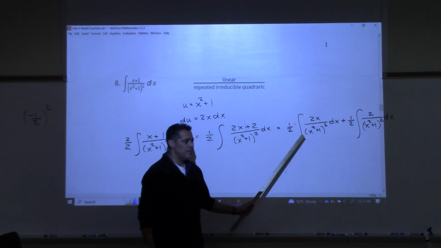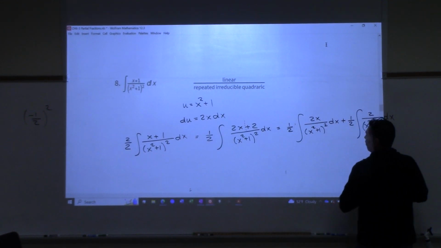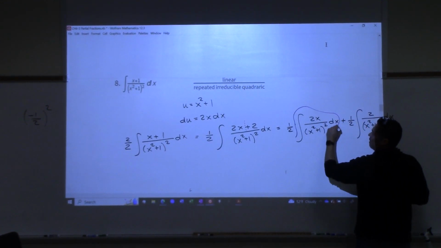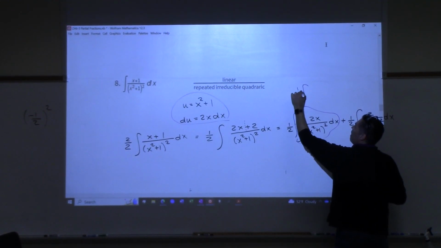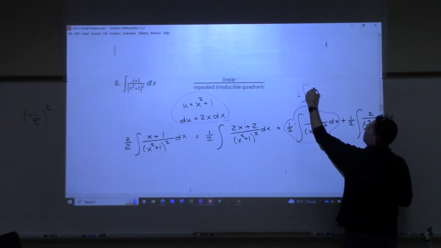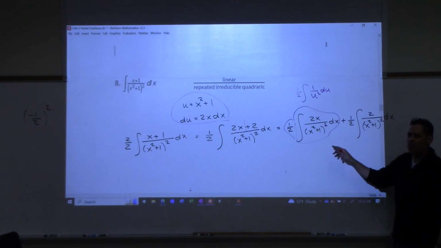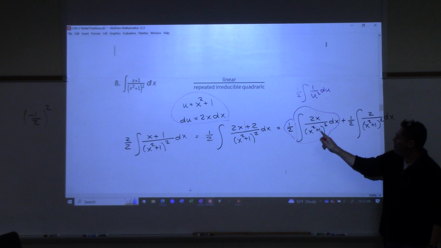But this one I should be able to handle. Because if I do my basic u substitution, what would this integral turn into? I'll have 1/2, I guess let me include that. I'll have 1/2 times 1 over u squared du, right? Not 1 over u du, 1 over u squared, because this is u and then it's squared.